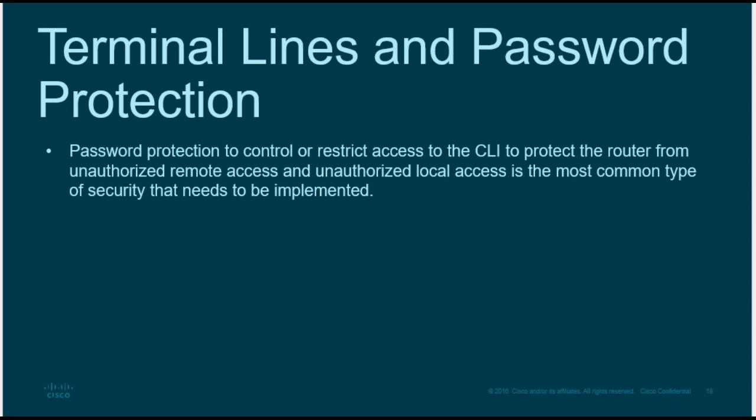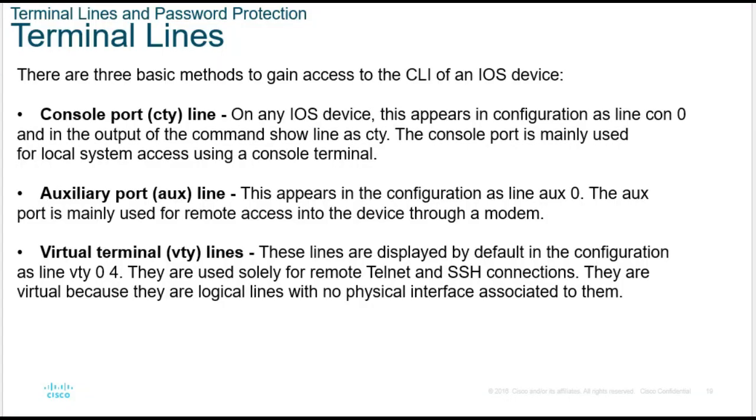So let's look at how we want to secure our devices. The most basic one is using password protection. This can be used to control or restrict access to the command line interface. So there are three basic methods where we can gain access to the command line interface for our devices.